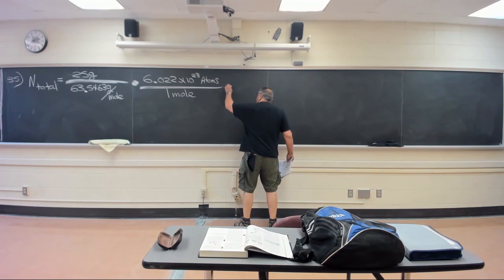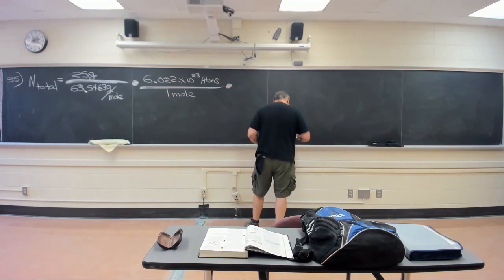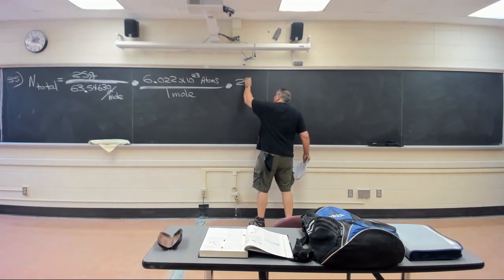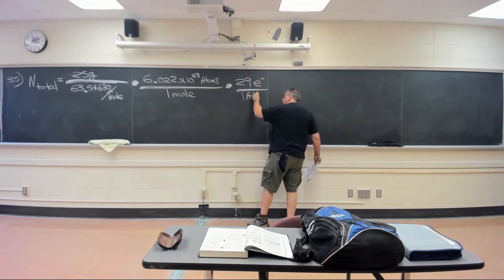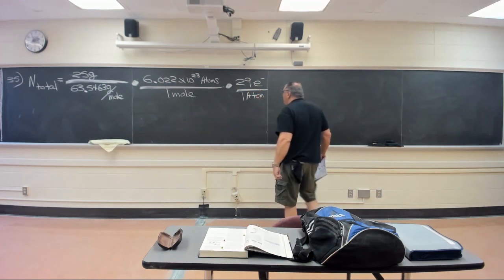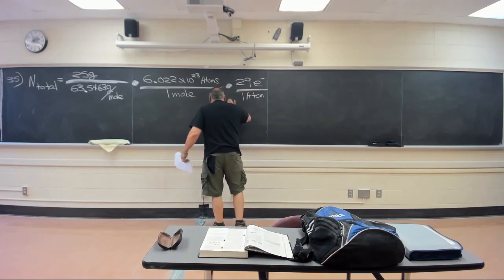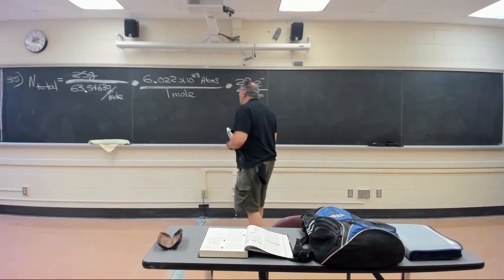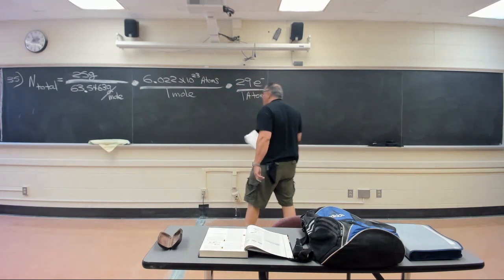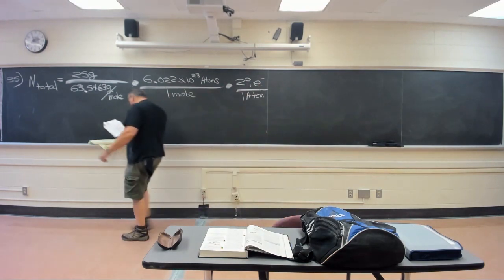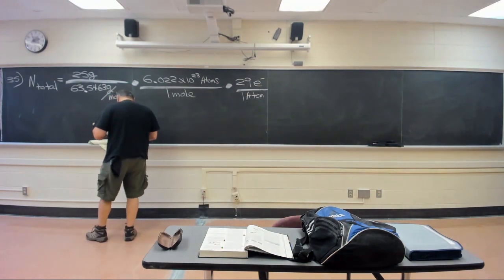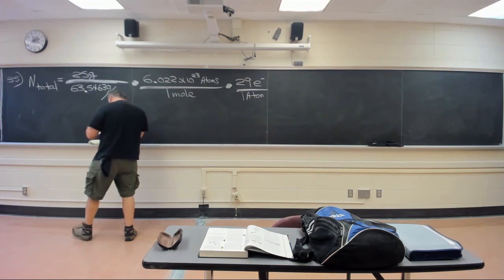Okay, that's how many atoms you got at the end of the day. 29 electrons for every single one of those atoms, per 1 atom. The atoms are going to cancel. All right, so at the end of the day, you do this. Total number of electrons for each sphere.